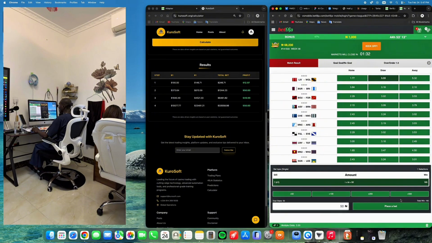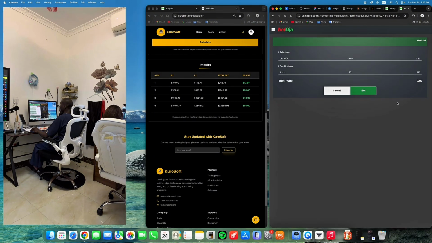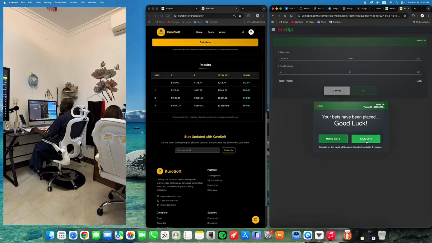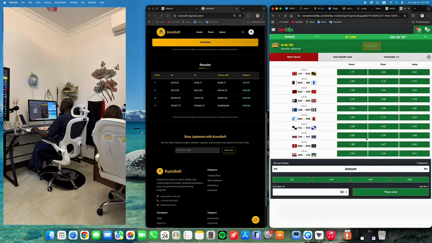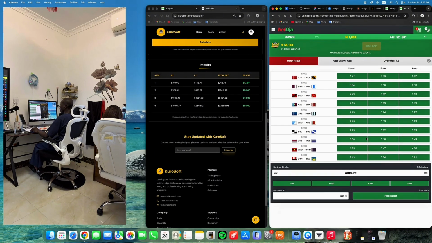Okay, so if we use 70 naira plus 150 that we have used on the recovery bet, it will give us a total of 210 naira. So you can see if we are making a win here, we'll be winning 235.